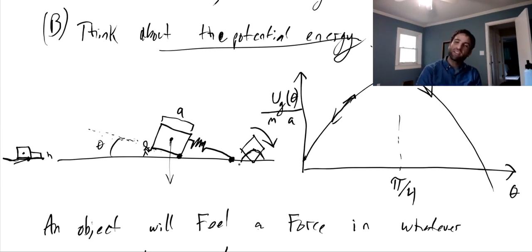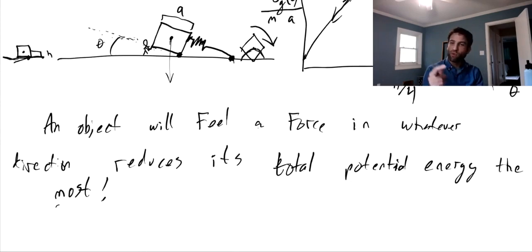Well, as I tilt the block, that spring will stretch or compress away from its equilibrium rest length, depending on how the distance between this point that I'm connecting it to and this point on the ground changes, and how much that compression distorts the spring. So instead of just gravitational potential energy, I would have gravitational potential energy plus the elastic energy of the spring, and the net force the object would feel would point in whatever direction reduces that total potential energy the most, the sum of the gravity and the spring in this case.